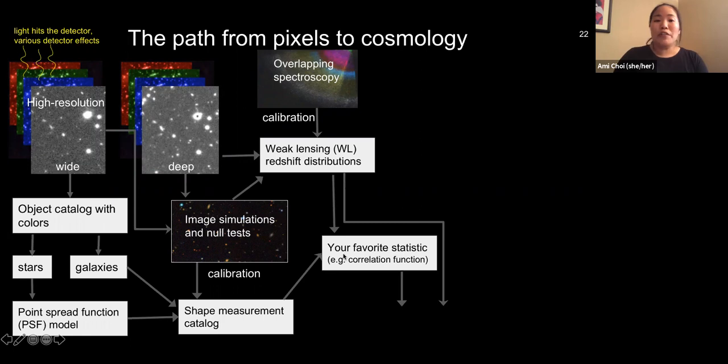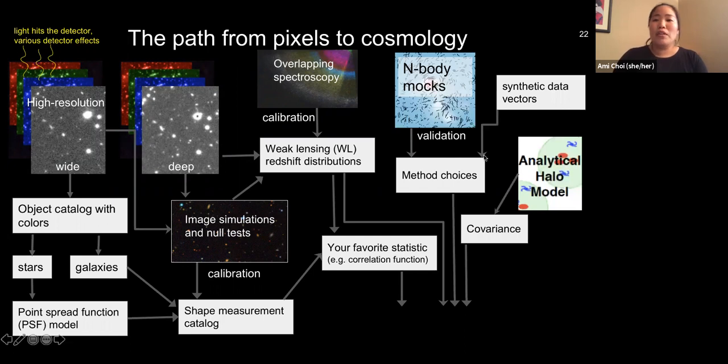You can then measure your favorite statistic, for example, psi plus, psi minus, correlation functions. And then there's also the part where you build your theory model. And this involves maybe some input from n-body mocks, also some tests using synthetic data vectors, and then making method choices. What are the priors? What are the parameters to marginalize over?